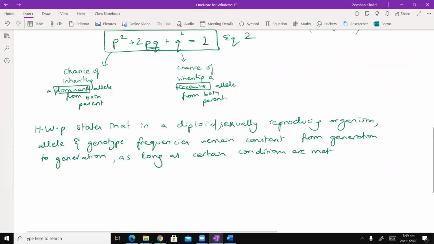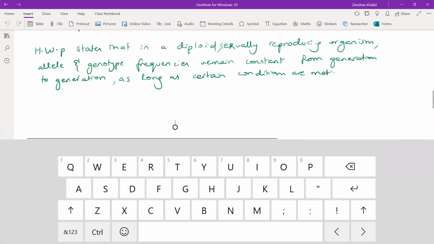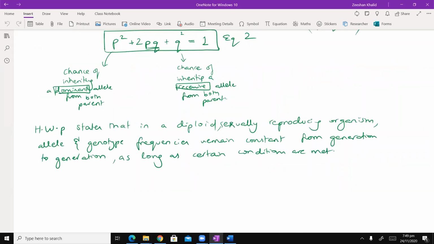So let me read what I've written again. Hardy-Weinberg principle states that in a diploid sexually reproducing organism, the allele and the genotype frequencies.